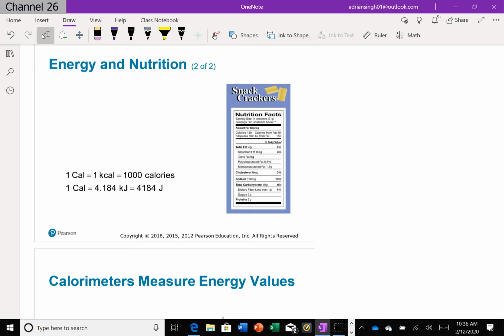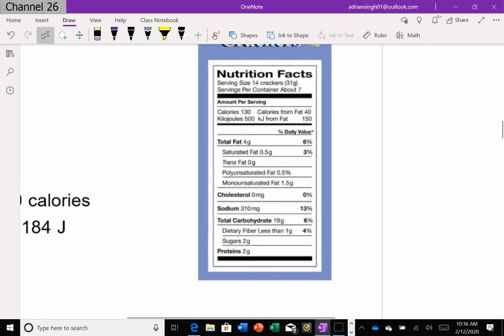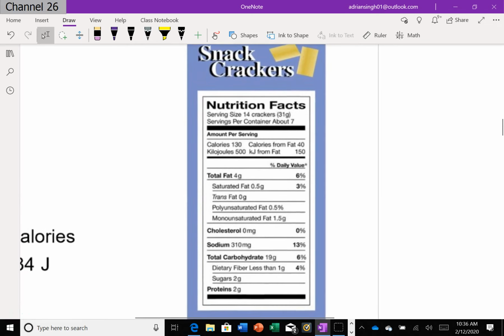So here we have a nutrition label from a snack cracker thing. And it tells you what the amount of energy is per serving, right? So how much is a serving? Well, serving size is 14 of these crackers, whatever they are. So you get from those 14 crackers 130 calories.